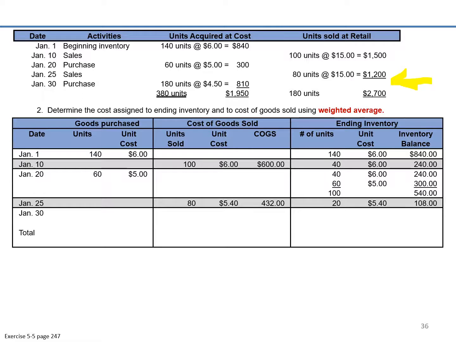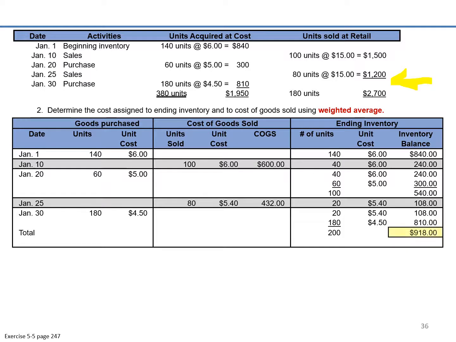On January 30th, we purchased 180 units at a cost of $4.50. So now we have our 20 units in our ending inventory at $5.40, or $108, plus our 180 units that we bought at $4.50 for $810.